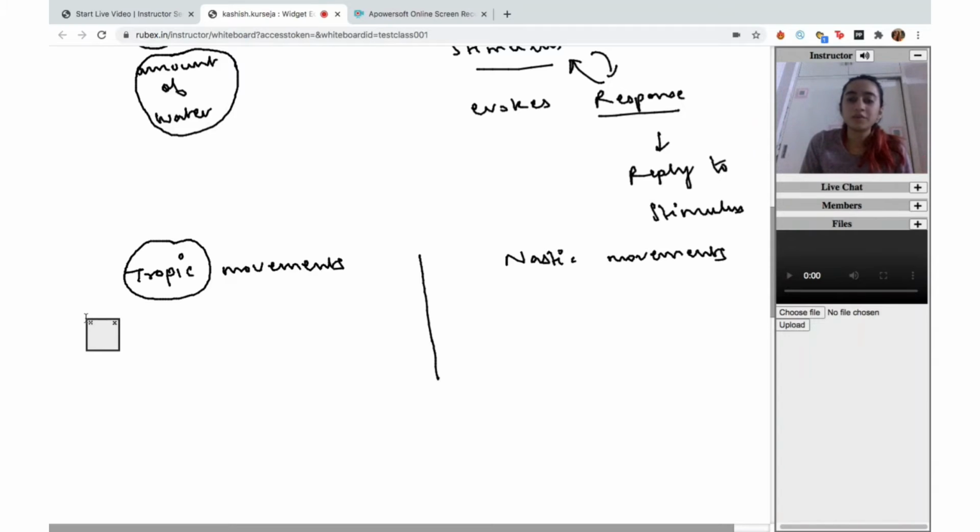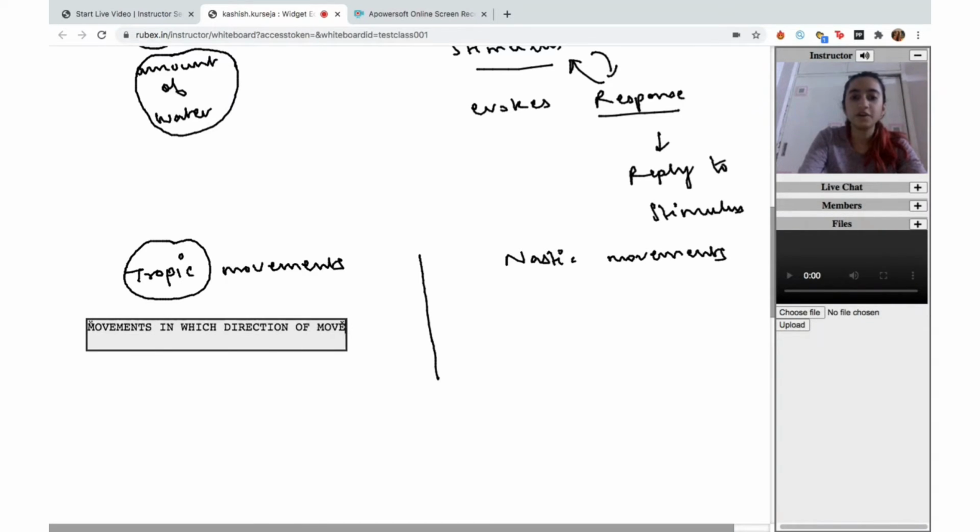Tropic movements are those in which the direction of movement is considered. So we have to see कि direction किस तरफ हो रही है.